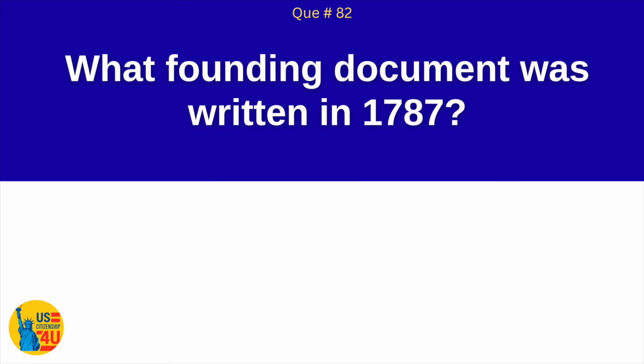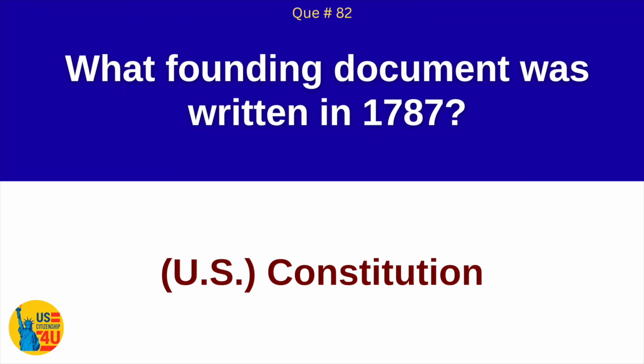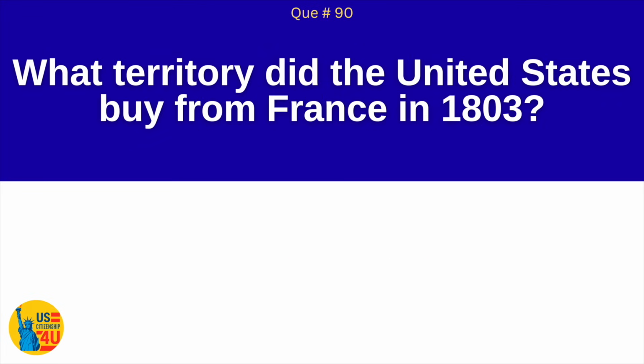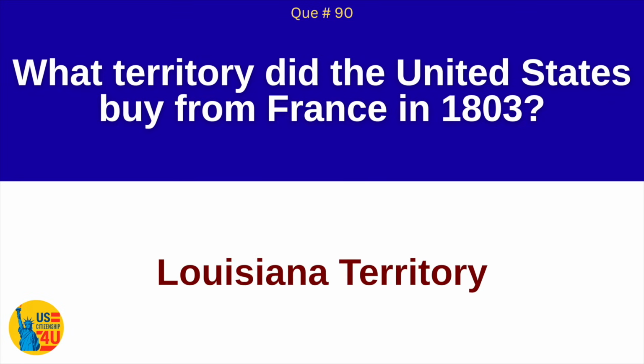What founding document was written in 1787? U.S. Constitution. What territory did the United States buy from France in 1803? Louisiana Territory.